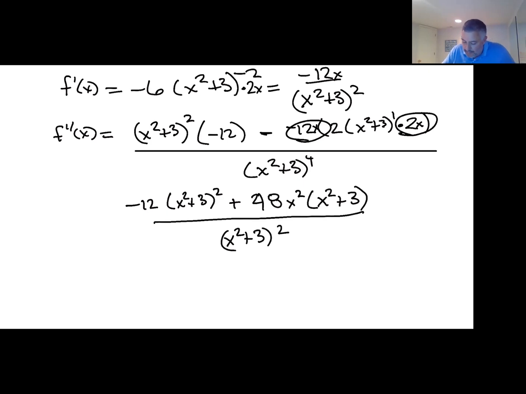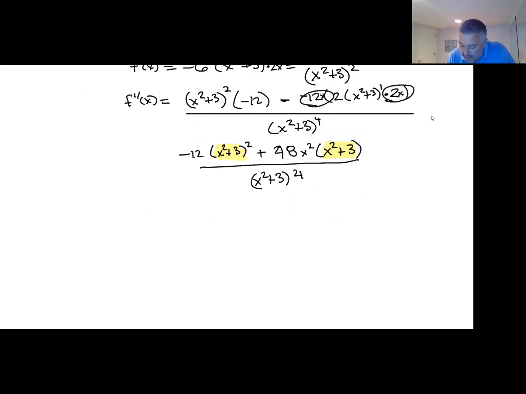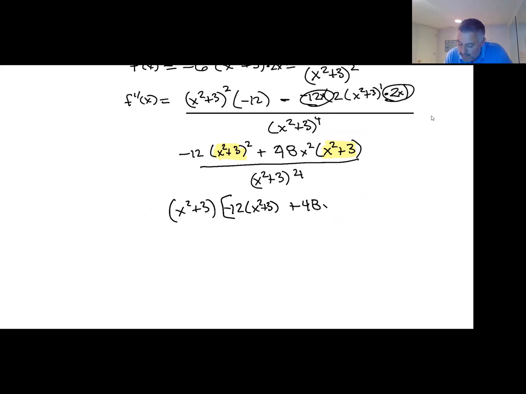So, algebra 2 skills: factor out an x squared plus 3. I'm going to have an x squared plus 3, and I'm going to have left -12 times x squared plus 3 plus 48 x squared, and that is all going to be over x squared plus 3 to the fourth.